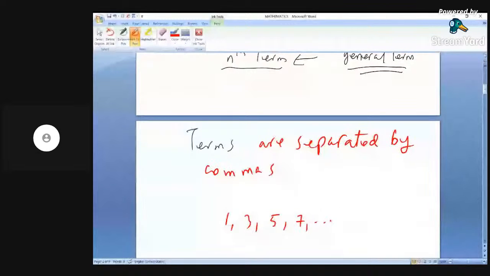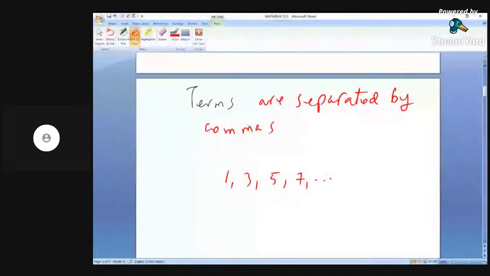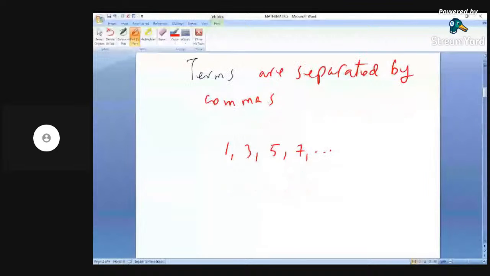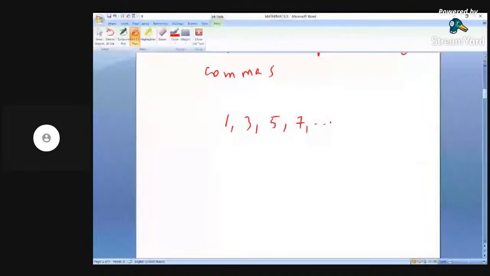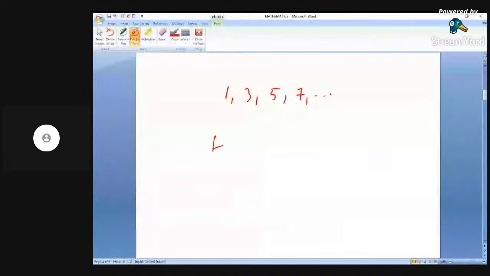We can see some specific examples of the sequence. So let me say example number 1.